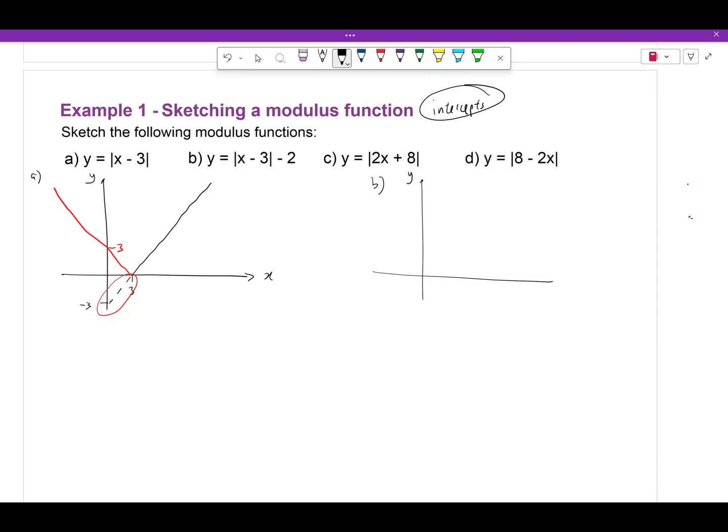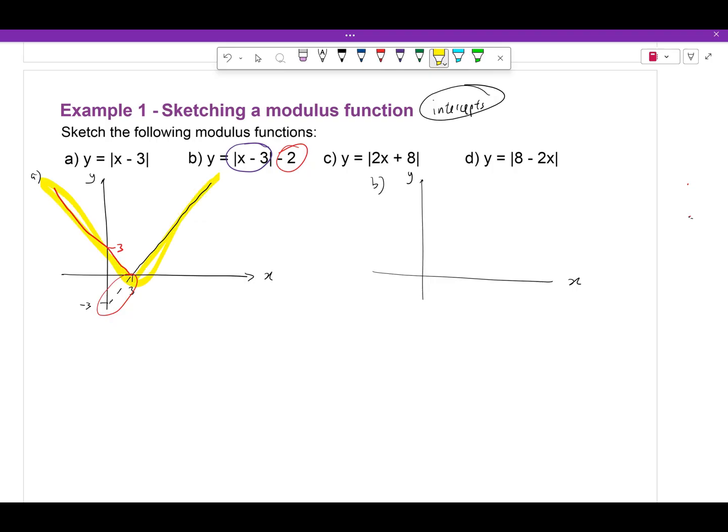So what about B? That is absolute x minus 3 minus 2. Here's an interesting one. We develop from our question A and do one more, a negative 2. How am I supposed to do it? Supposedly it should be the same as question A, but since we have already done that and it additionally has one more transition, we develop from the original graph, which is this one.